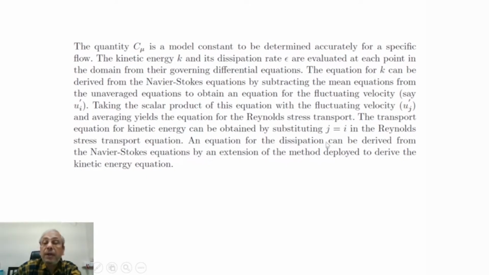An equation for dissipation can be derived from the Navier-Stokes equations by an extension of the method deployed to derive the kinetic energy equation. So we get the kinetic energy equation and the equation for dissipation rate of turbulent kinetic energy.